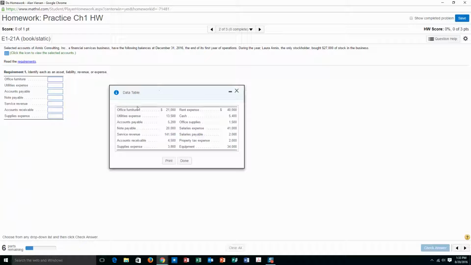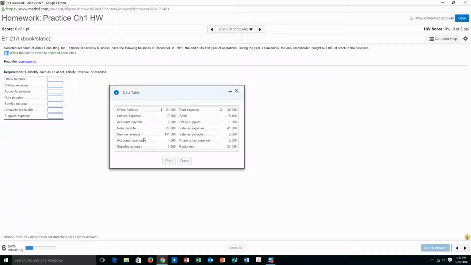Okay, now I'll tell you up front, an asset is going to be a resource of the business. And initially, it'll be relatively obvious what the assets are. Liabilities are what the company owes. And typically, liabilities will say the word payable next to them, or they'll say liability. The only exception to that is unearned revenue, but for the most part, liabilities say payable.